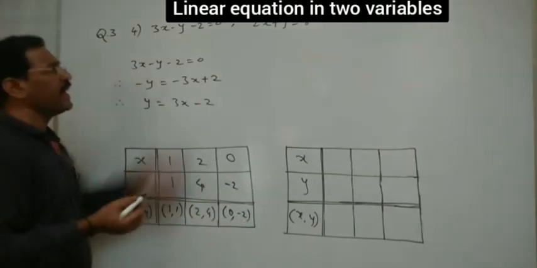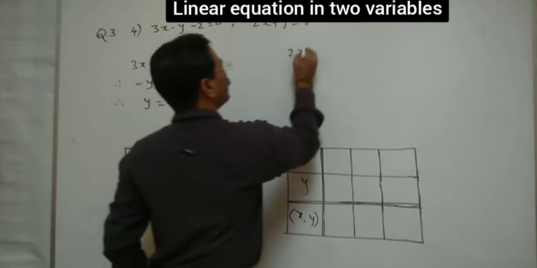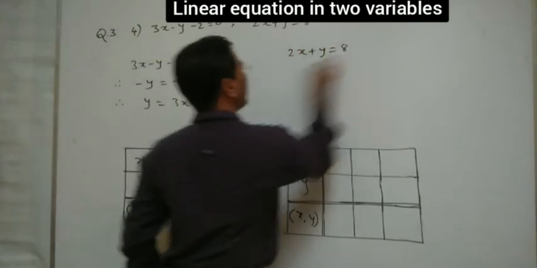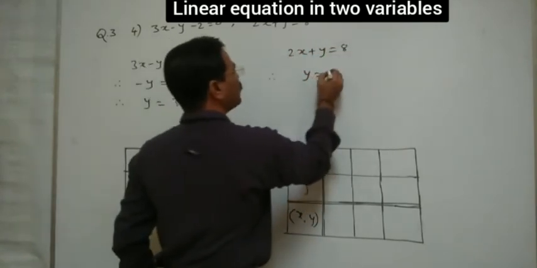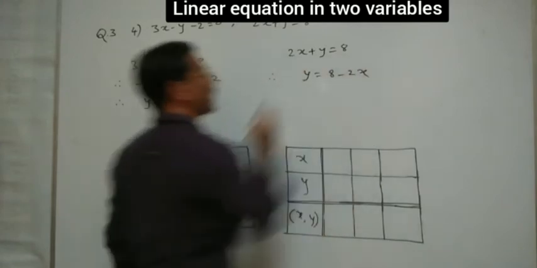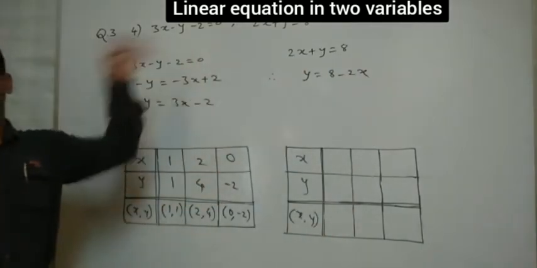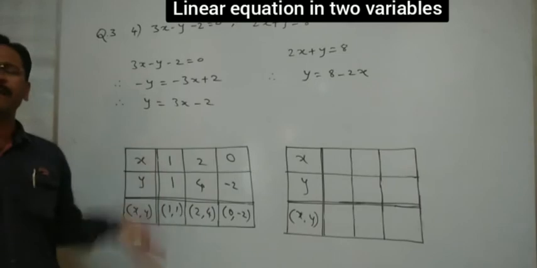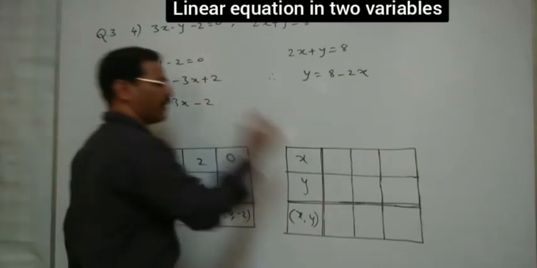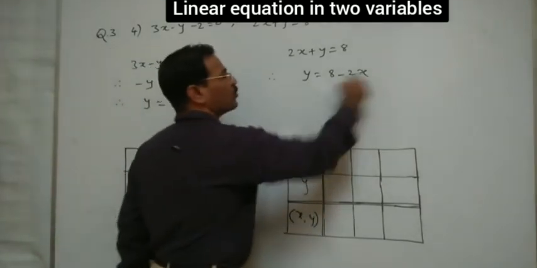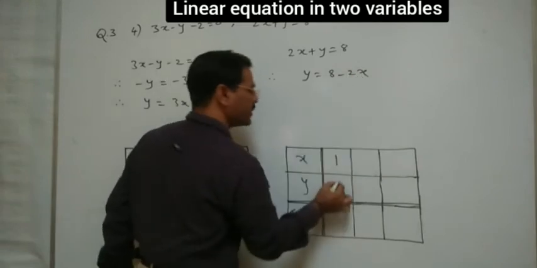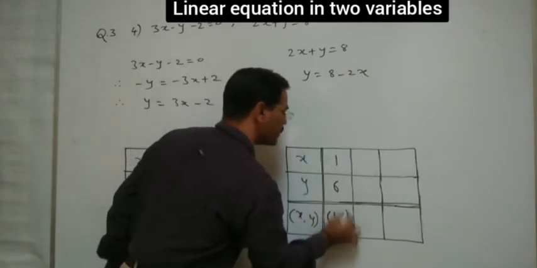Simple example. I'll take this one also, 2x plus y is equal to 8. Therefore, y equal to 8 minus 2x. Again, we are going to put values of x here. I'll put 1, suppose. 2 ones are 2, 8 minus 2 is 6. So we'll get (1, 6).